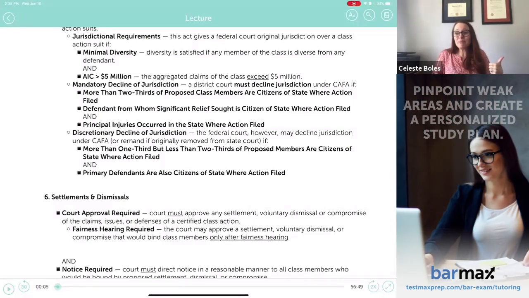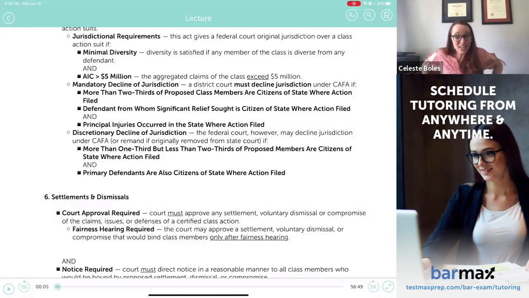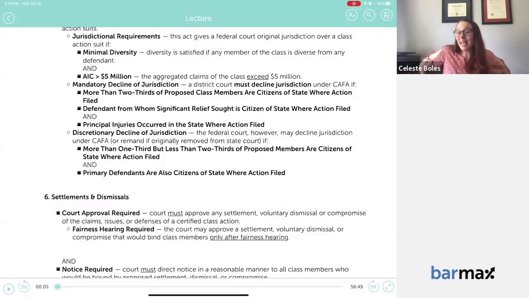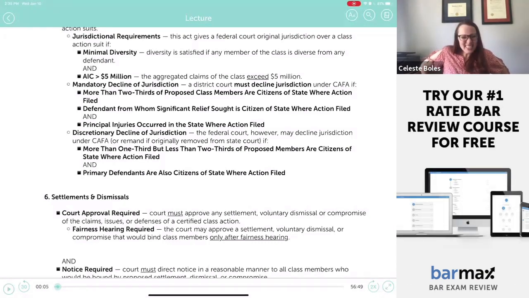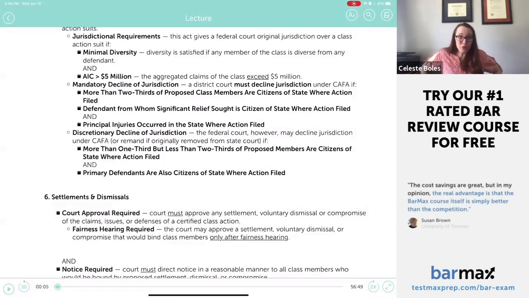And now that we know, it has also tested the Class Action Fairness Act in that July 2019 essay. Doesn't that motivate you to know the rules for class actions? Do you think they might get tested on another MBE question? I sure do. They're laid out in the BarMax outline section 5H. You want to know them.